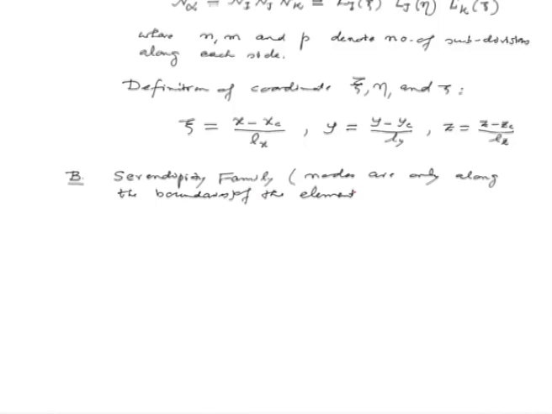Let us try to define one or two, let us say we will restrict to linear and quadratic. The linear one is very simple, it is an 8 node element which is also referred to as the simple brick.